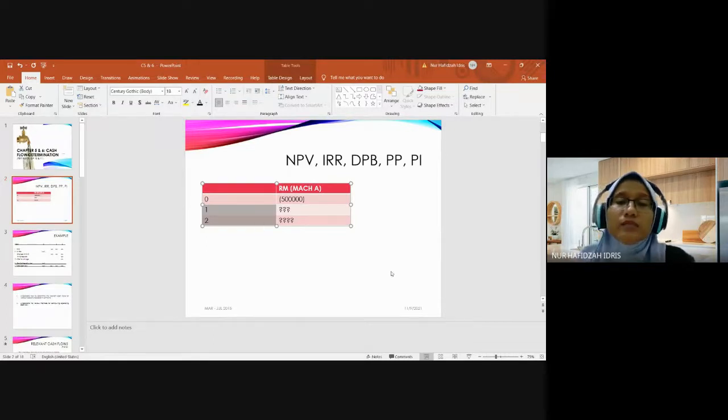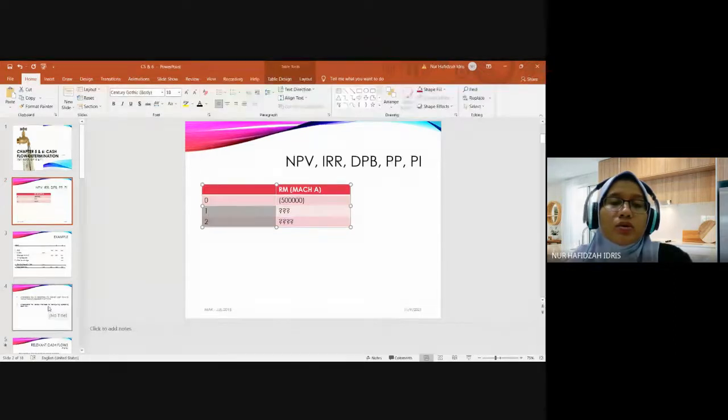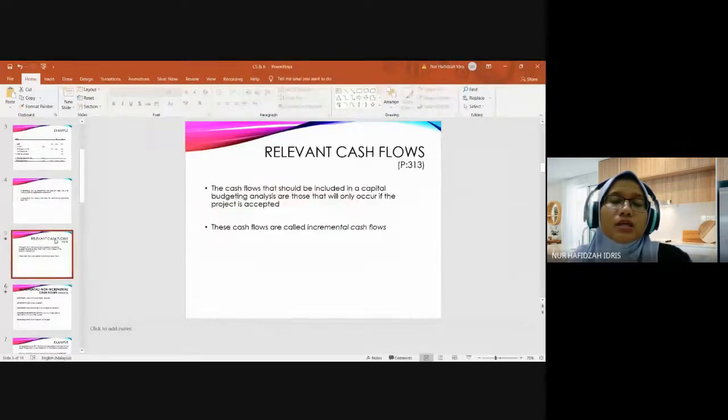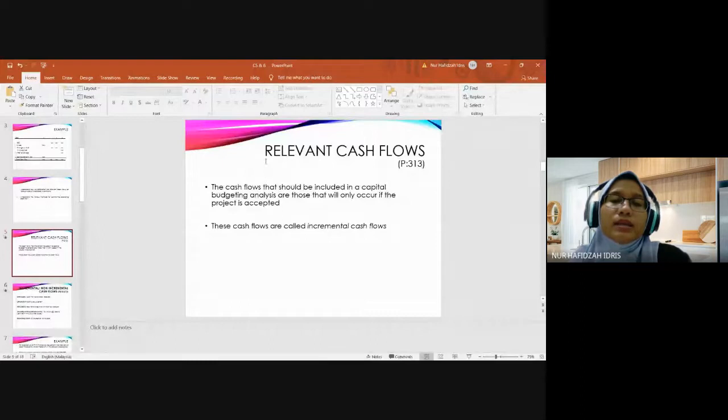Maksudnya, the salvage value of the machine is 50,000. So that 50,000, we call it the incremental cash flow. So that is the incremental and non-incremental cash flow. I hope you dah faham maksud incremental and non-incremental cash flow.